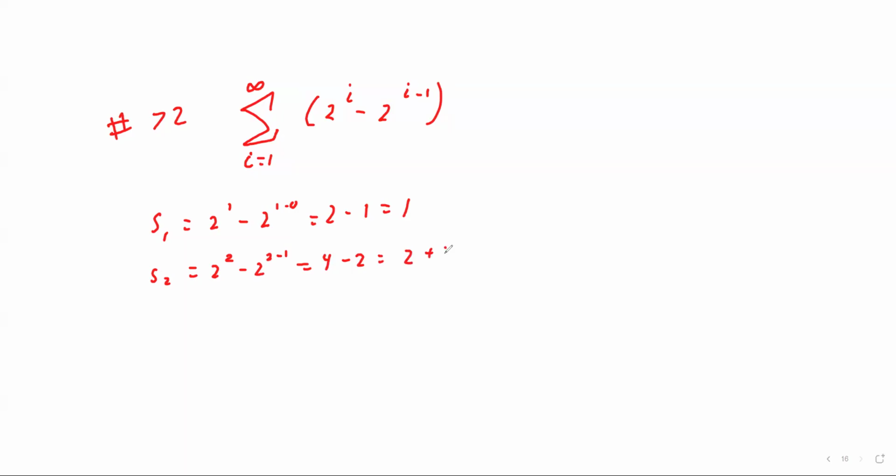So then that would be plus 1, which is 3. Then you would do S3. So then that would be 2 to the third minus 2 to the third minus 1. So that would be 8 minus 4, which would be 4 plus 3, which would be 7. So you can see the summation is just getting larger and larger as I go. So this would diverge.